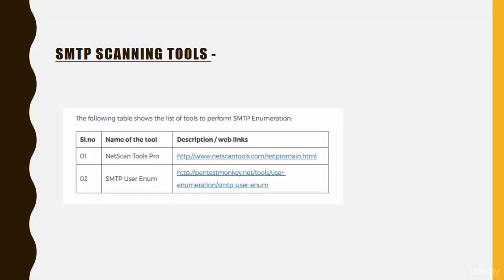These are the tools you can use for SMTP scanning: NetScan Tools Pro, which you can download from the next link. Second, SMTP User Enum, which you can download from the next link.